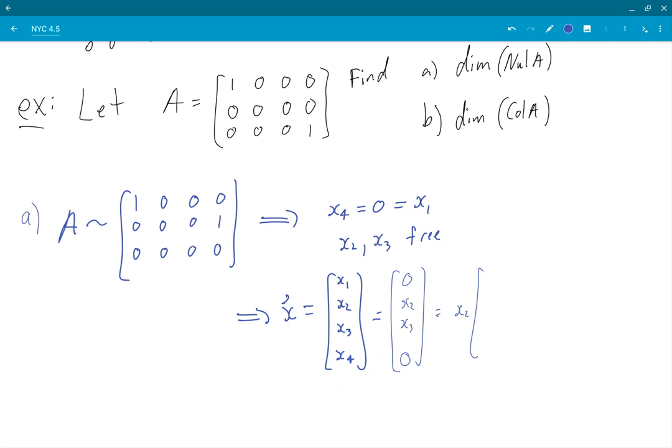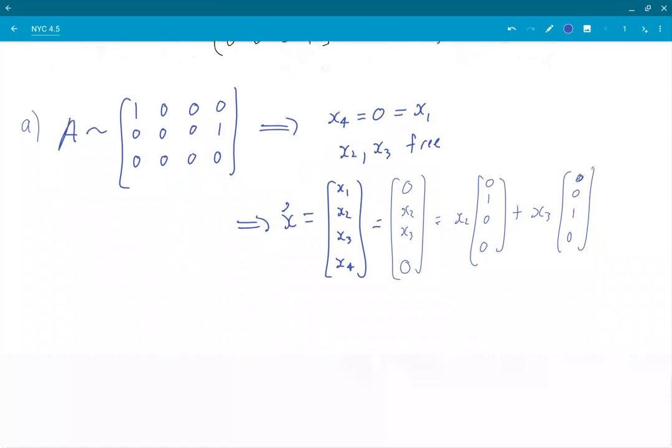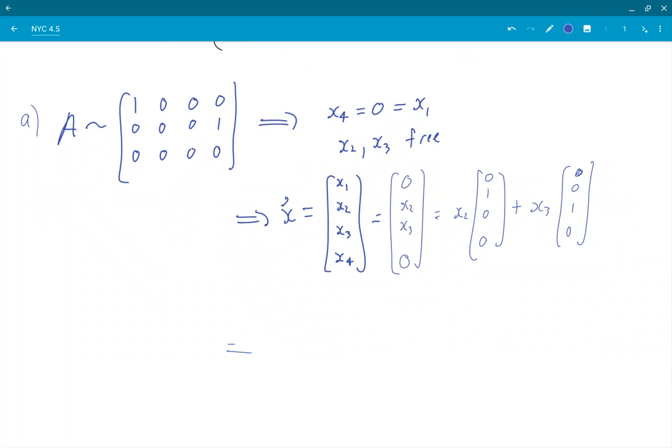Pull this apart, and you get very simple vectors here. So a basis for Null A is these two guys that came out.